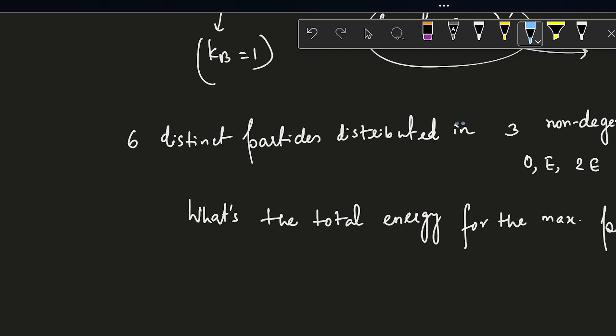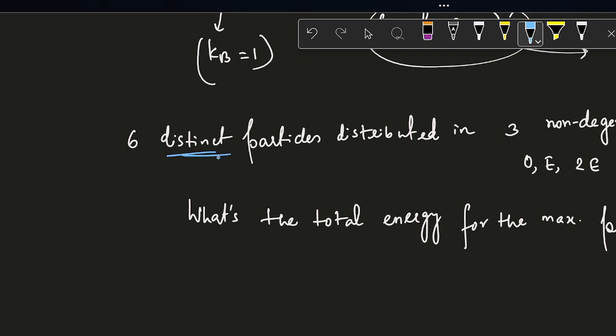So you have to very carefully read the question, that you are given 6 distinct particles. I also pointed this out to you in our last class, that you have to first ensure whether the particles are distinct or all similar. That means whether they are identical particles, indistinguishable from each other, or normal particles which are distinguishable from each other.